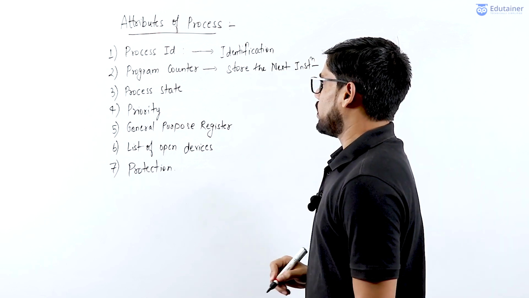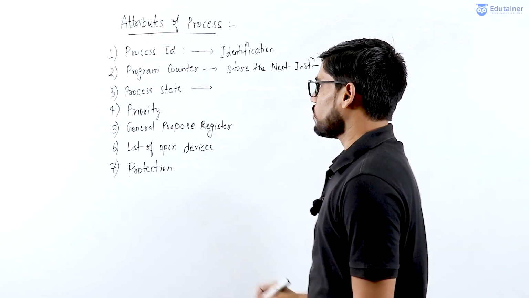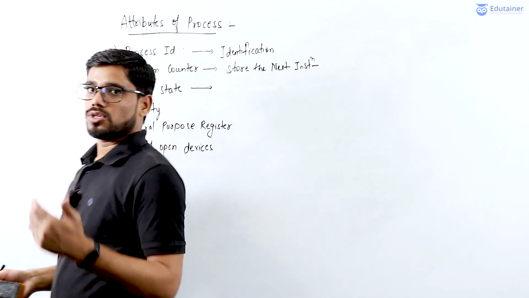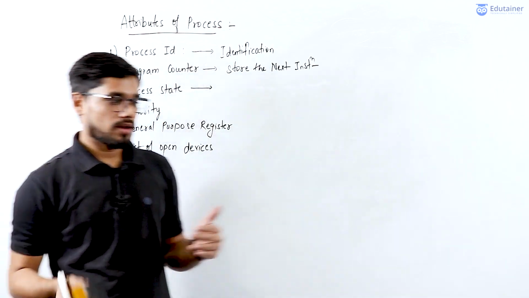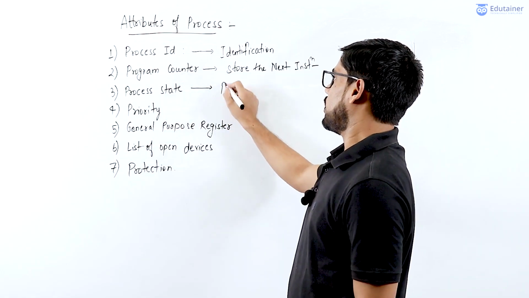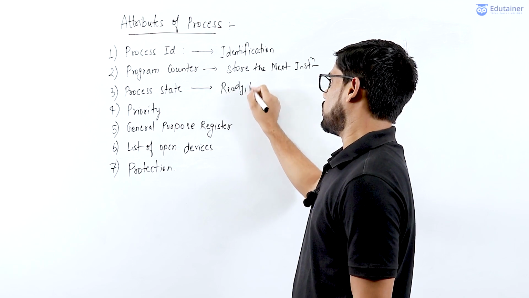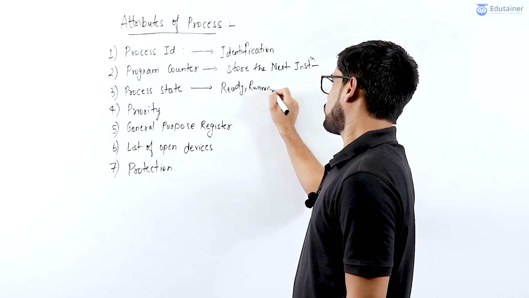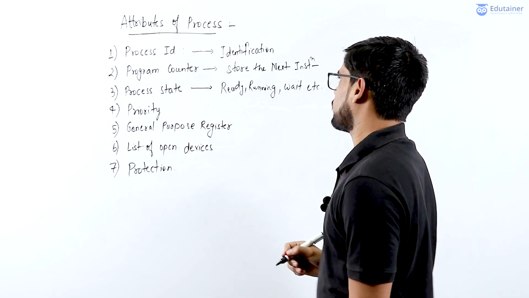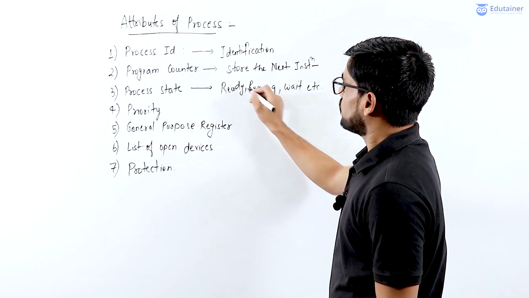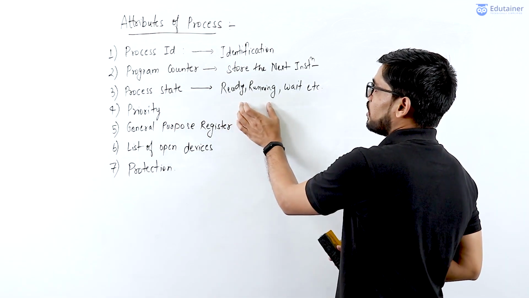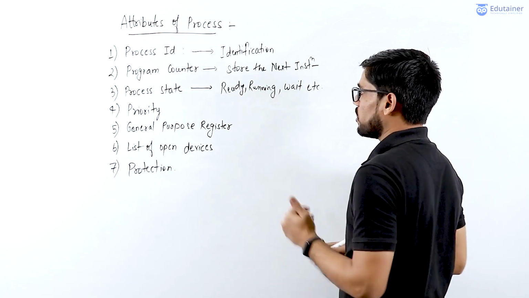Okay. Next is process state. Through the execution, every process will go through various states. For example, the states might be ready, running, wait, etc. All these states are nothing but a process will reside in some state and go to another state.